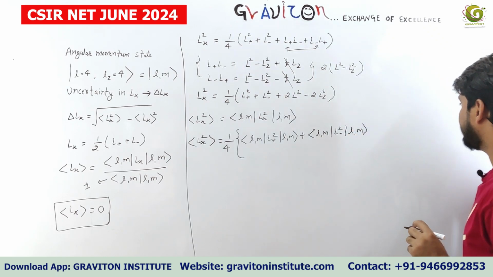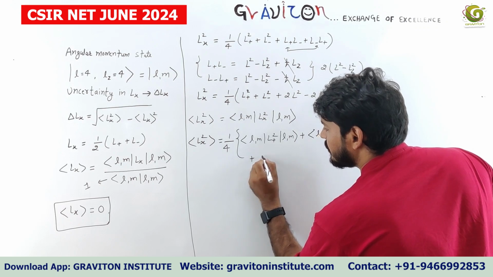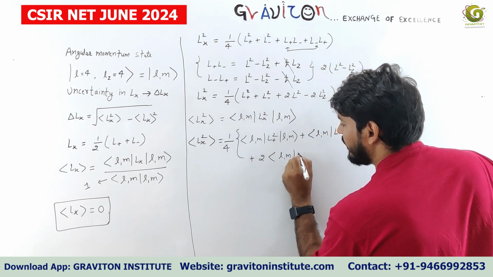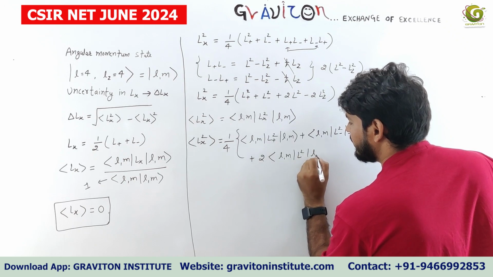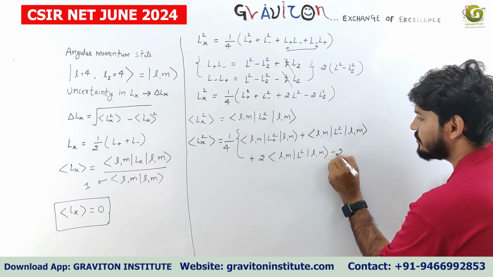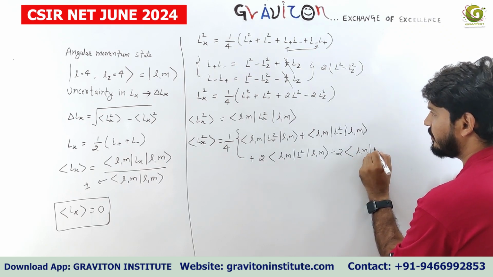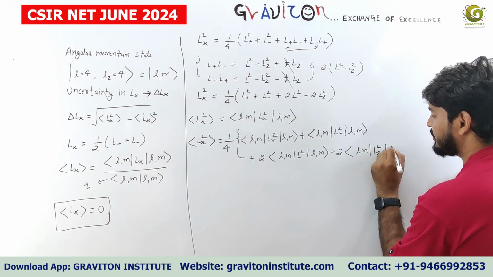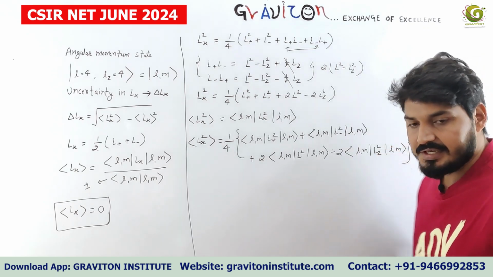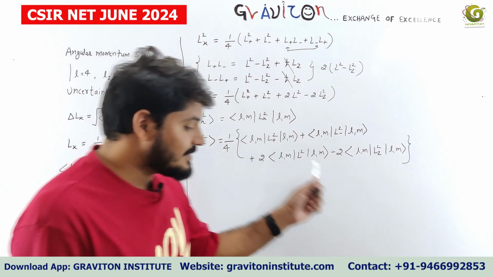This is the second term, plus 2 times of ⟨Lm|L²|Lm⟩, minus 2 times of ⟨Lm|Lz²|Lm⟩. This is the thing. Now you see, what is this term?